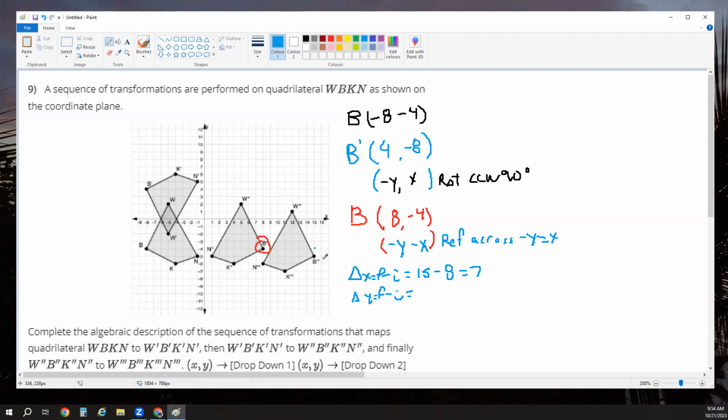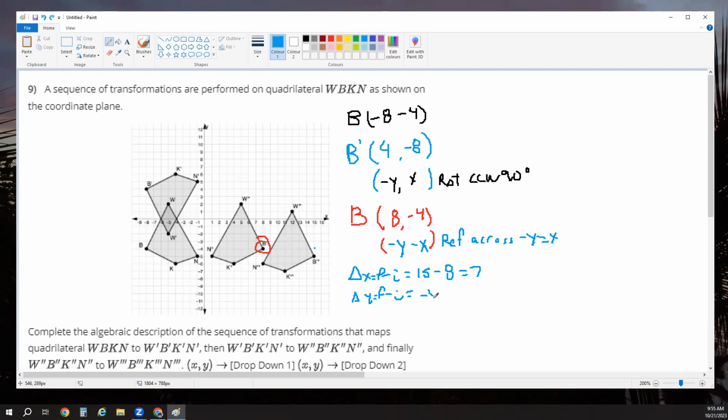Equals... oh wait, no, that's not right.